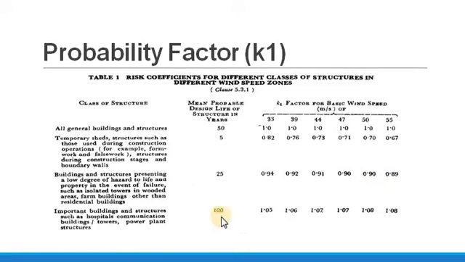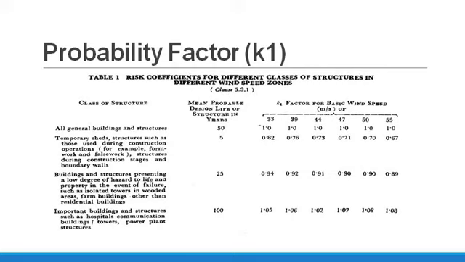For important buildings, we generally take the design life as 100 years, then the value of K1 is different. That means depending upon the class of the building and the basic wind speed, the value of K1 changes.